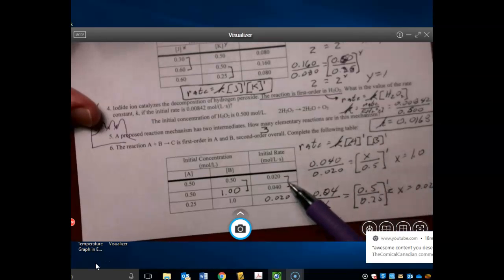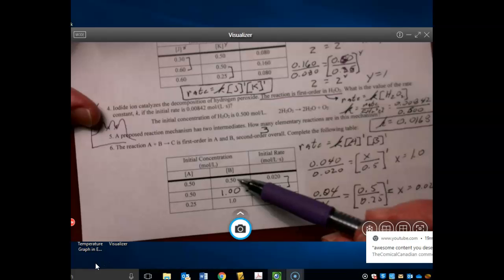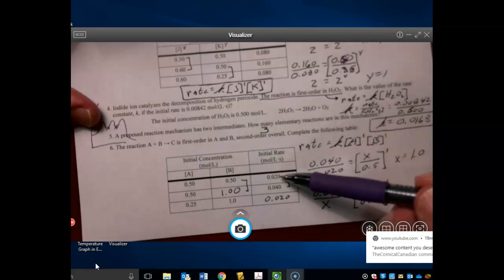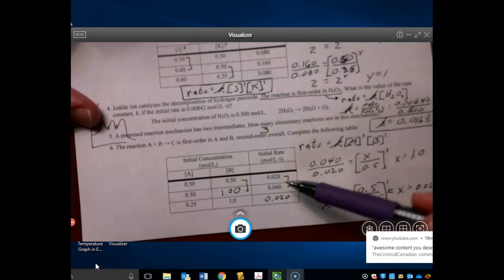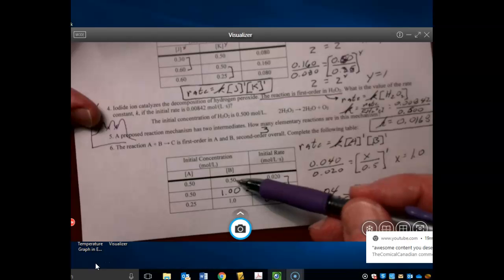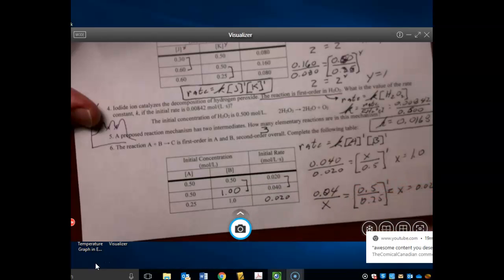Now, this is one also where you don't really need to do the math. If you just look at the data and say, okay, B is changing here. If you know that it's first order, that means that the rate is directly proportional to each one of these reactants. So if the rate doubled, that must mean that the concentration of the reactant B doubled. Okay.